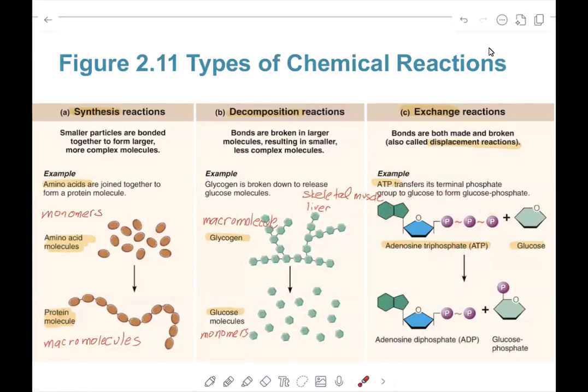And one part of that couple, this P here, is going to then dance with the person that came by themselves. That happens to be glucose. So the phosphate combines with the glucose to make a new molecule, called glucose phosphate. So it's an exchange reaction. And think of that analogy as the prom.